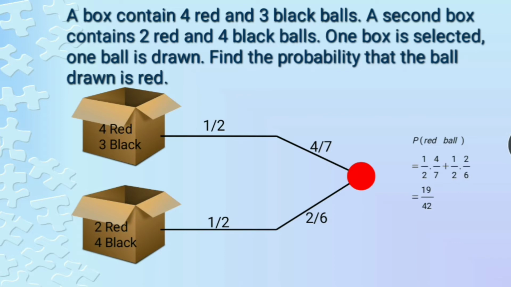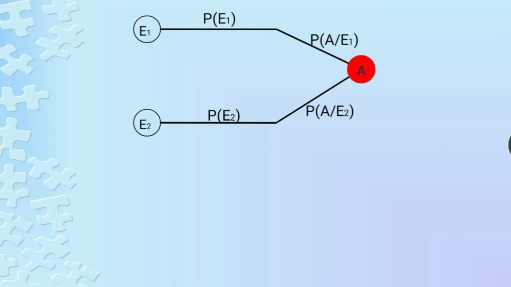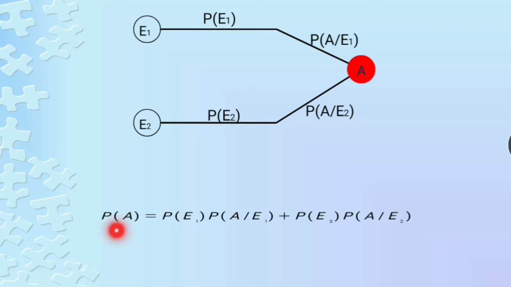This is a particular case of the law of total probability in which only two events were there, only two boxes were there, right? We can look at this situation in terms of events like this. If you have two events and event A occurs after the happening of these two events, then by the law of total probability, the probability of occurrence of event A is probability of E1 into probability of A given E1 plus probability of E2 into probability of A given E2.